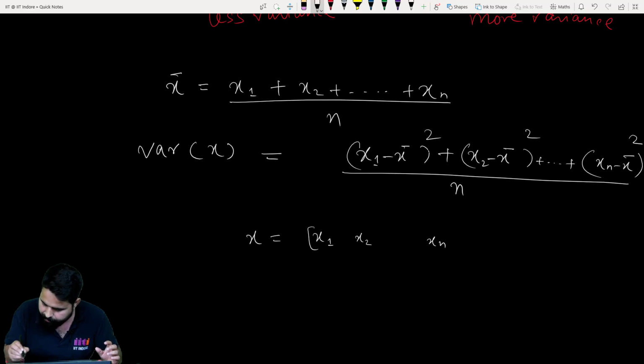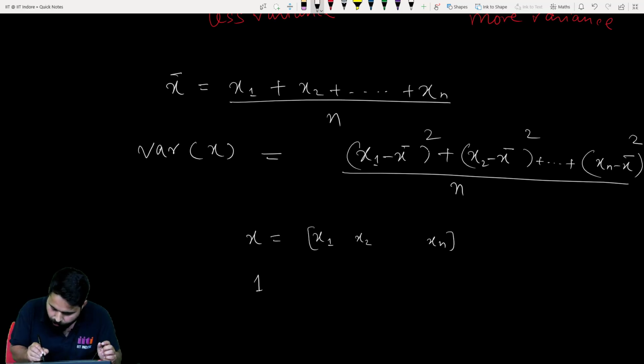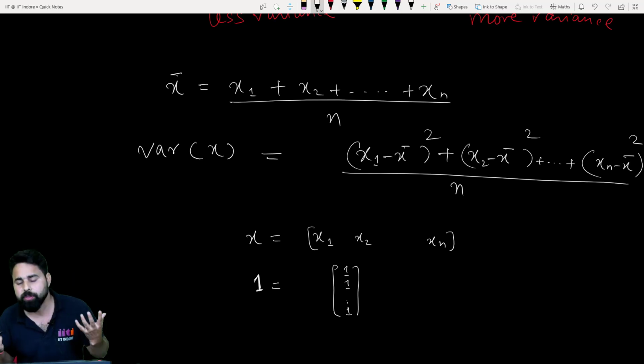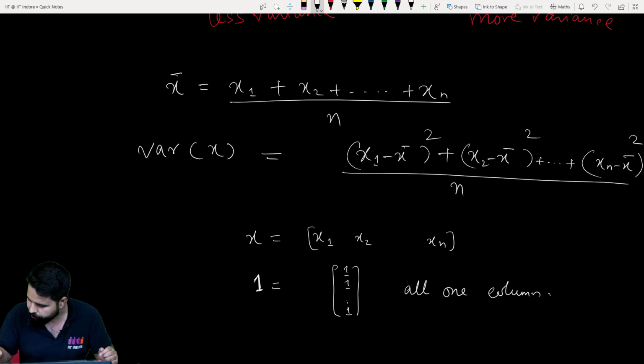I hope you know row vector and column vector. And suppose the bold one is my special vector, the all-ones vector. It also has n entries. This is an all-ones column vector. Earlier this was a row vector, this is a column vector. Very good.